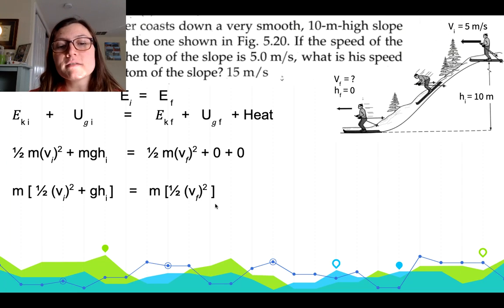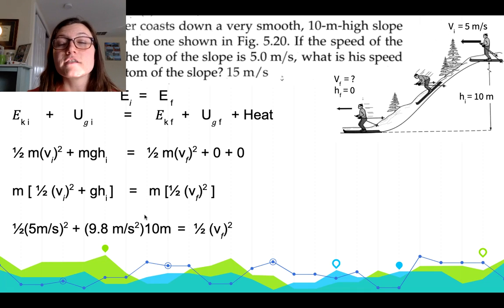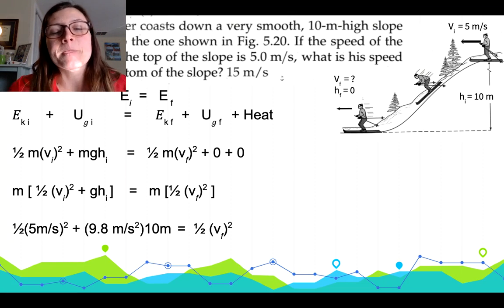If we divide both sides of the equation by m, the m's will cancel out. Mass does not actually affect the amount of energy in this case because there's no friction. So the mass would cancel out of both sides of the equation once we divide both sides by m.